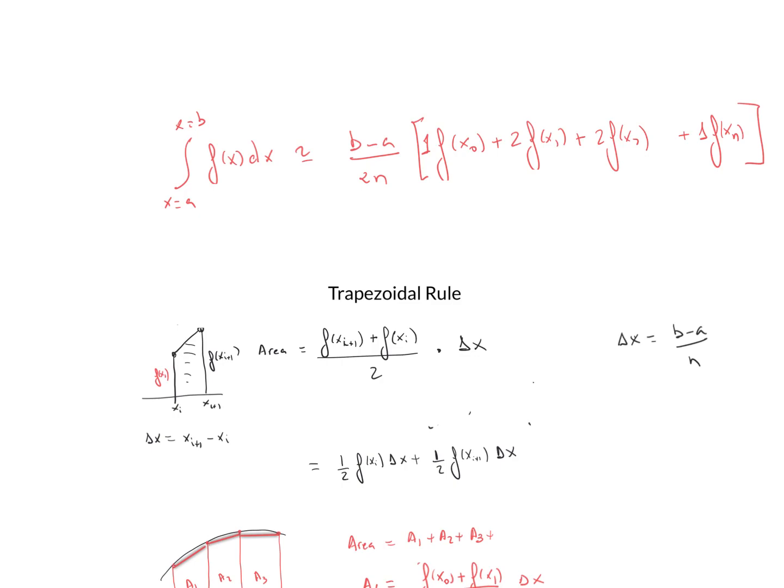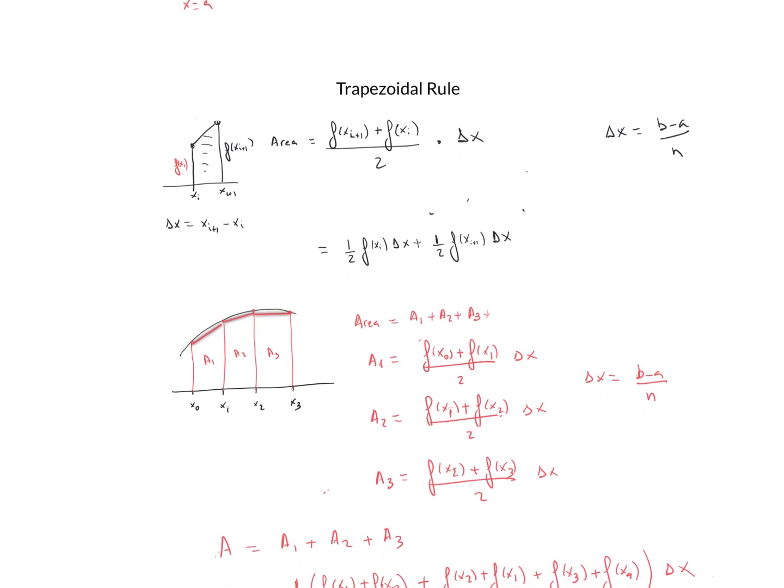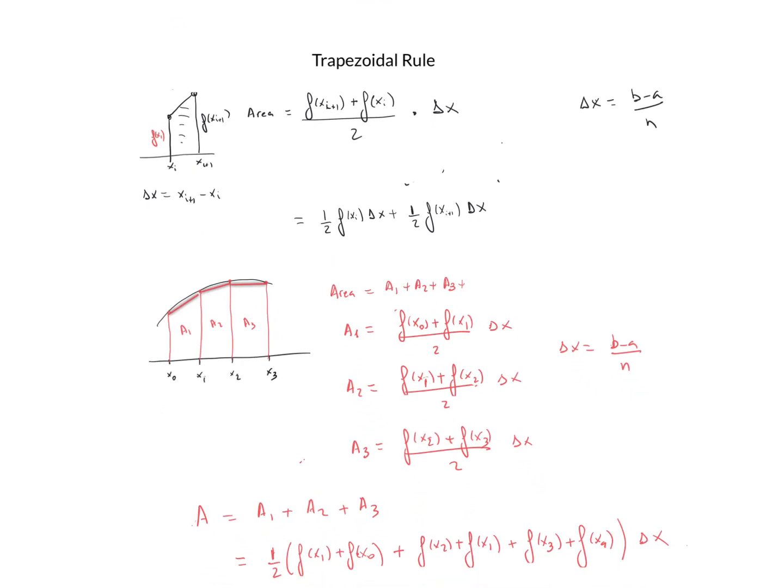This equation is not difficult to derive, but I will give you the details of the derivation. The trapezoidal rule says, if you have the function f of x, the black one, and you want to find the area under the curve, construct trapezoids under the area by joining the point x0, f of x0, with the point x1, f of x1.